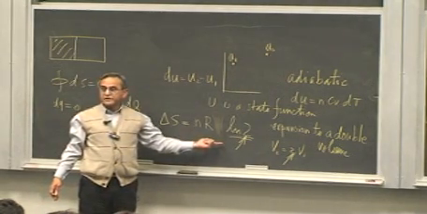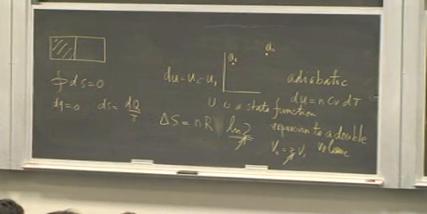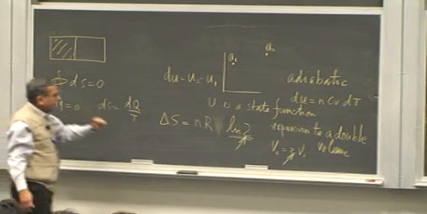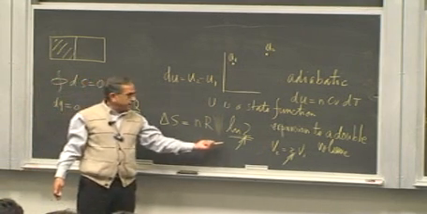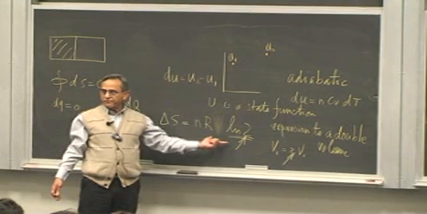There is no work done, there is no change in internal energy, there is no heat exchanged, temperature remains the same, but the entropy changes by this amount. So what is the fun?